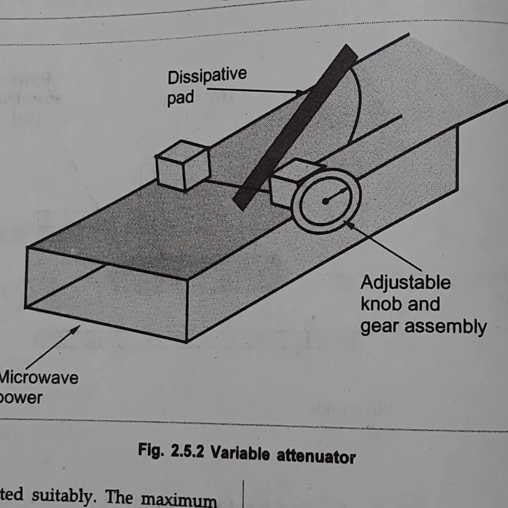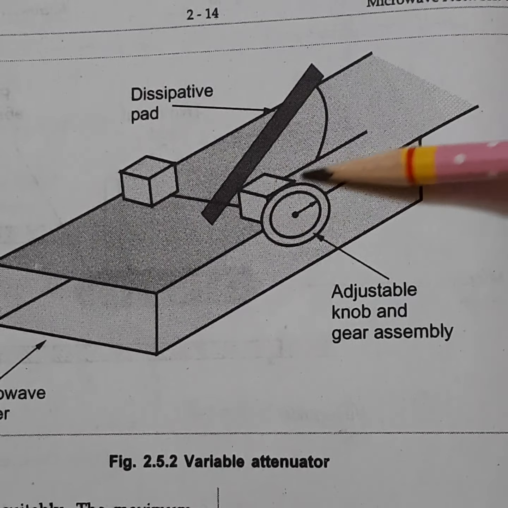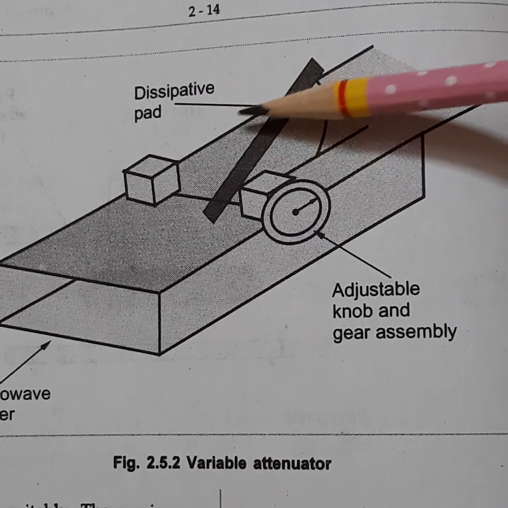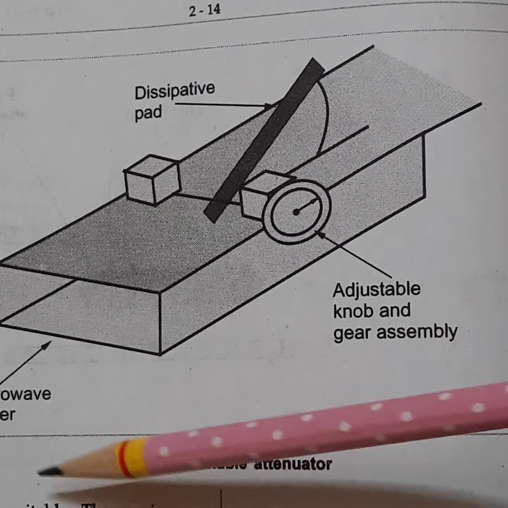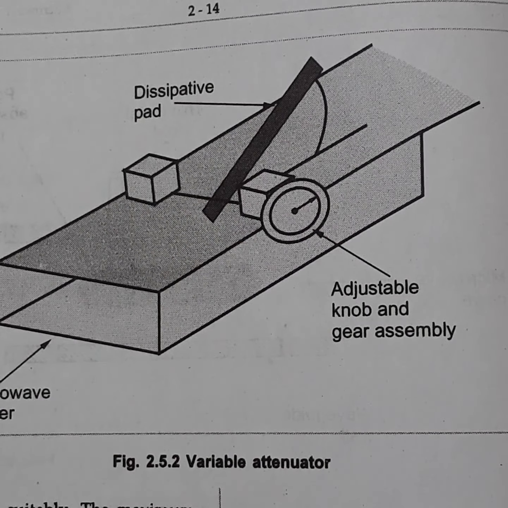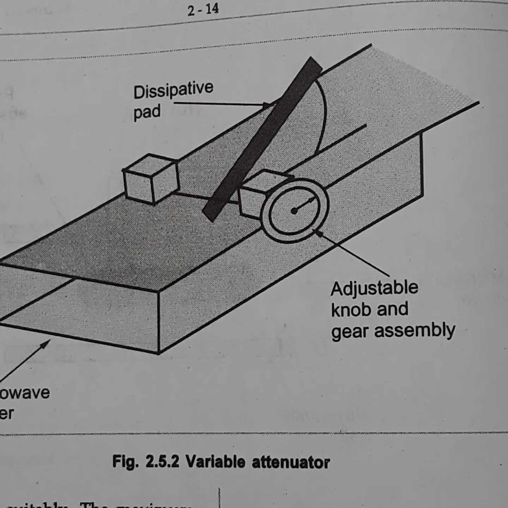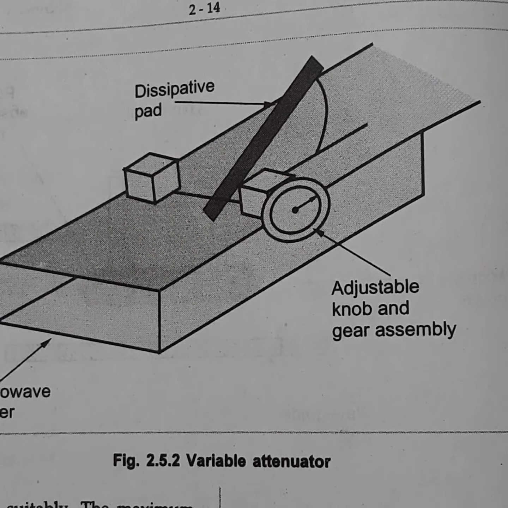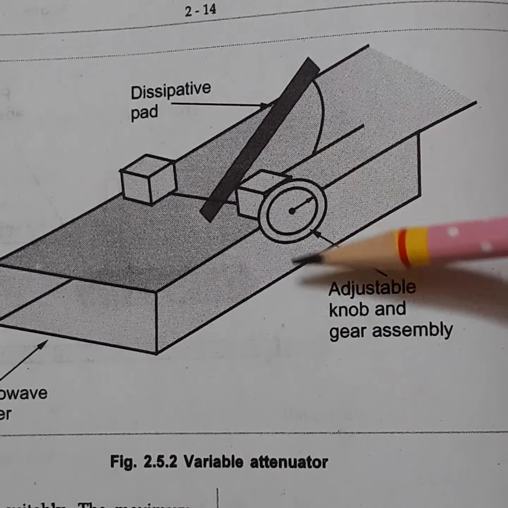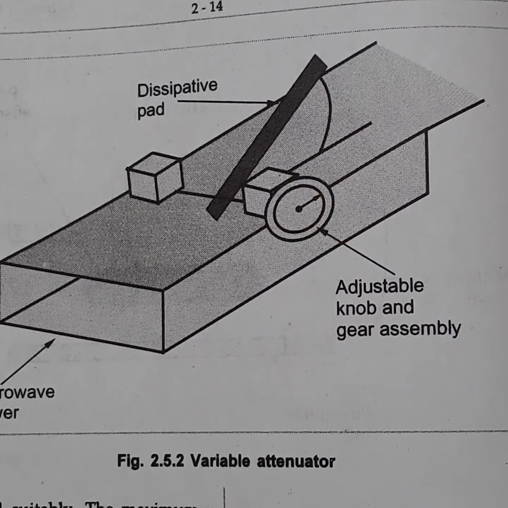Okay, so the adjustable knob and gear assembly is shown here. There will be a dissipative pad here, and the microwave power is going to be applied here. The amount of attenuation is controlled by the depth of insertion of the absorbing plate, and the job is done by the knob and gear assembly that we are making use of.